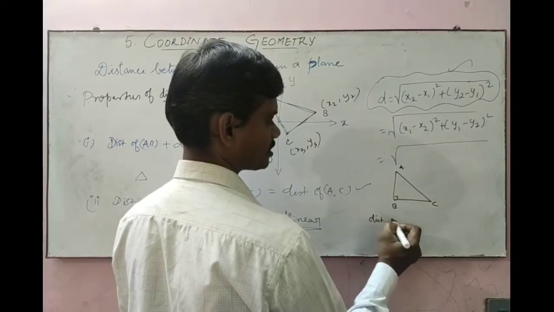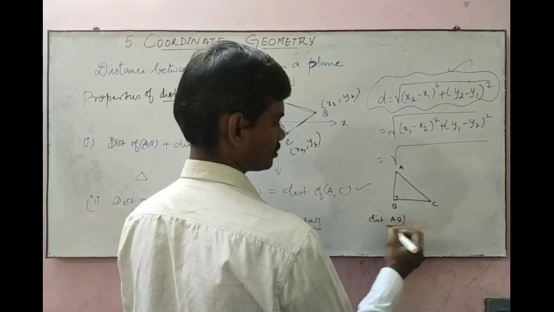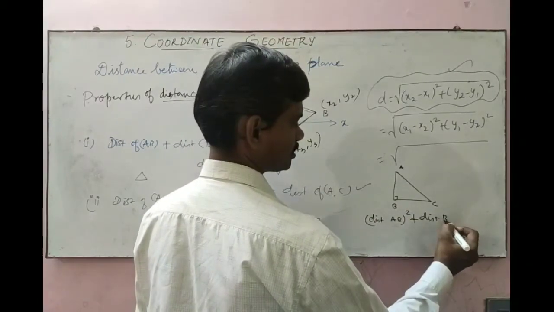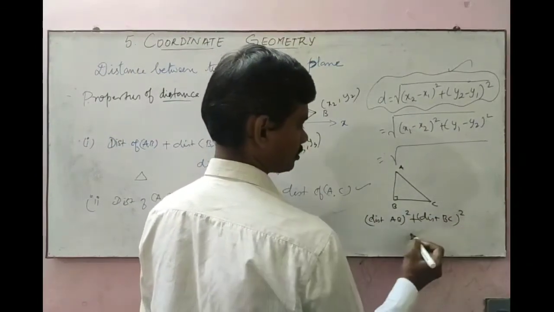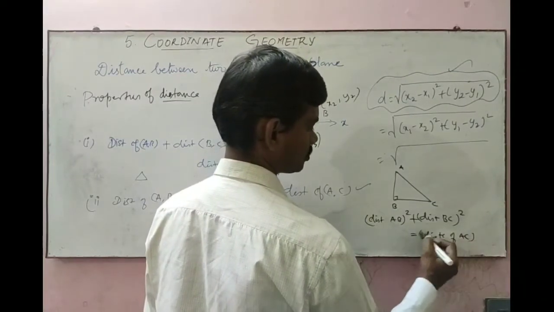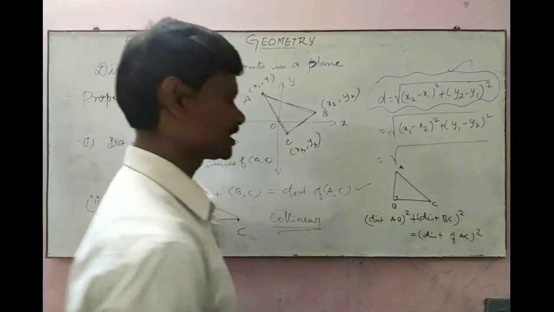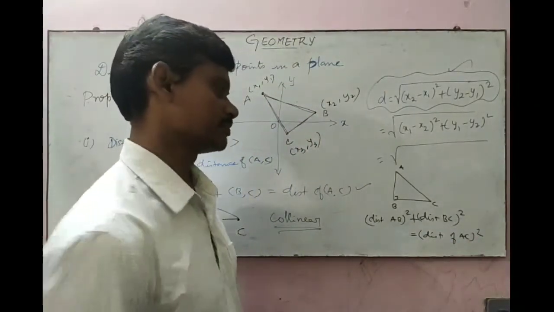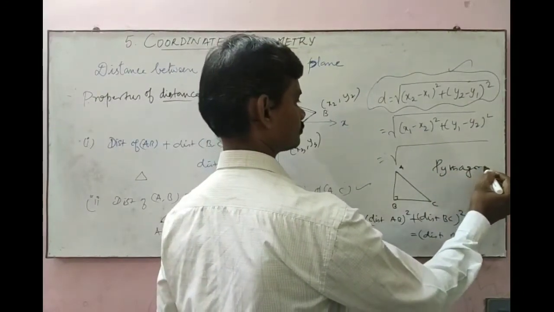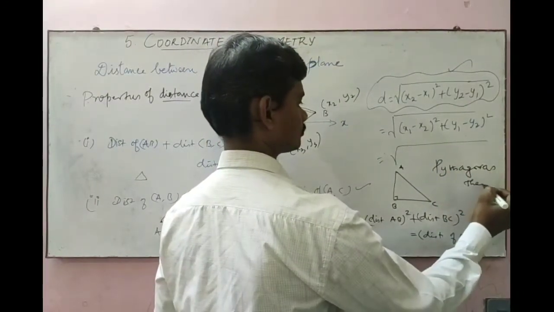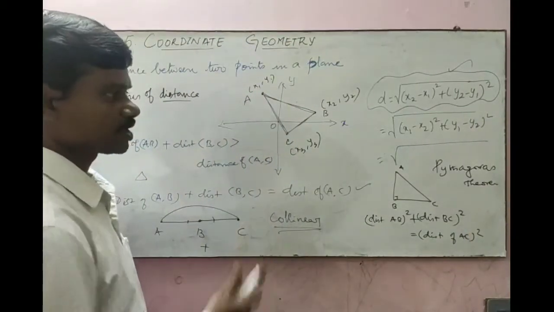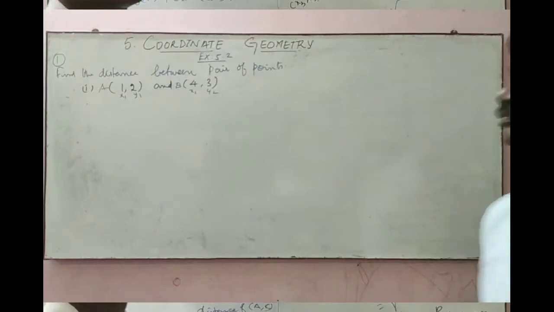Here the formula is distance of AB whole square plus distance of BC whole square is equal to distance of AC whole square, which comes under the Pythagoras theorem. You already studied the Pythagoras theorem. So this is the third property. We use these properties and do the sum.